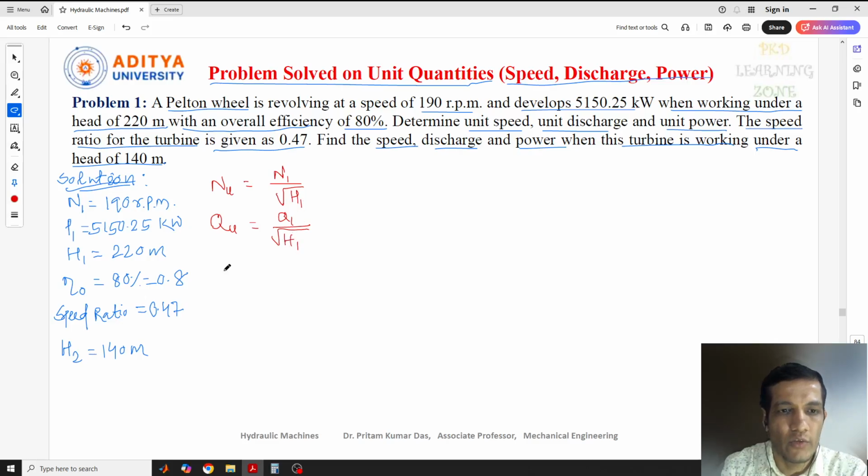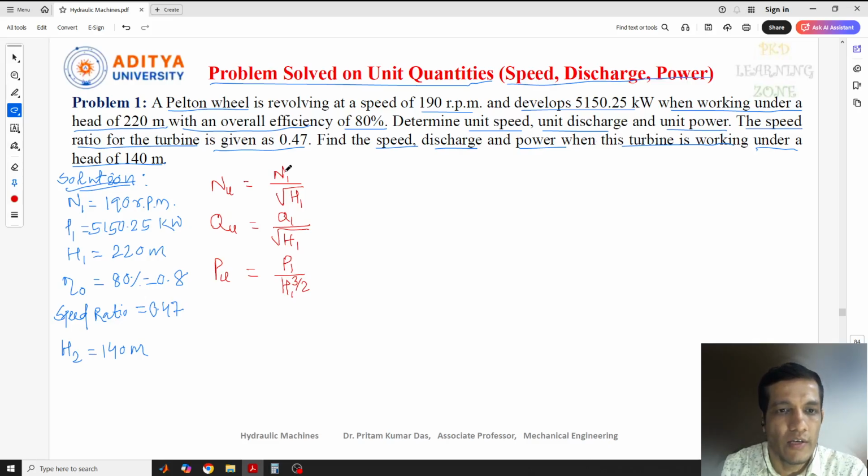So this root over of H1 is common for both. The next one is unit power, PU, which is calculated as P1 divided by H1 to the power 3 by 2. These are the formulas we derived in our last lecture for unit speed, discharge and power.